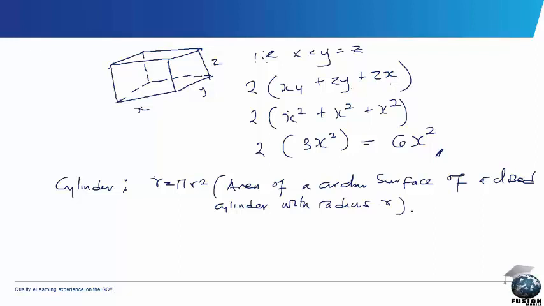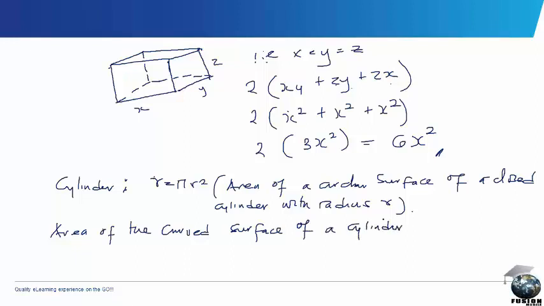As well as the area of the curved surface of a cylinder with radius r and height h, which is given as 2 pi rh.